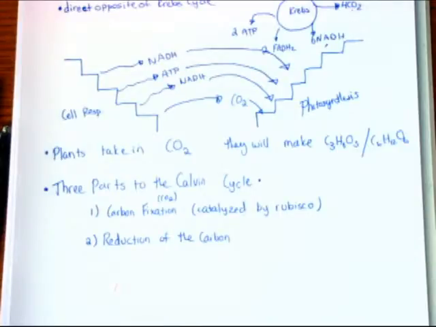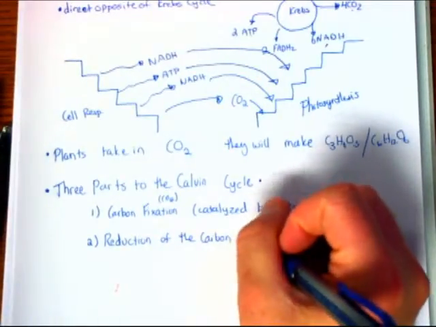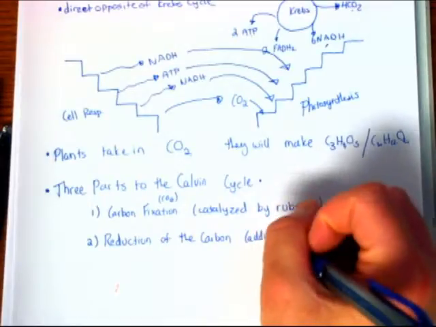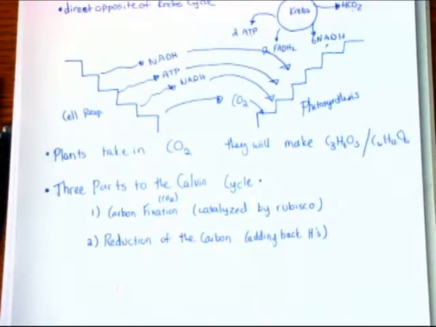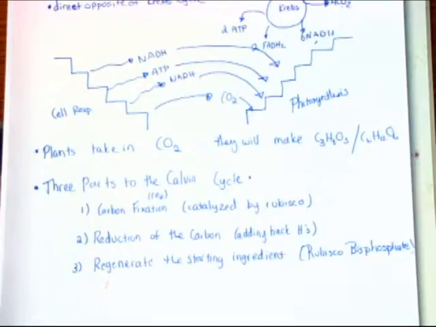When you're reducing the carbon, what is that? Let's think about that. Yeah, you're starting to add back your H's. Very good. It starts using up all of the NADH that you've accumulated, enough energy to do something so anabolic. Such a buildup, such a complex molecule being formed.